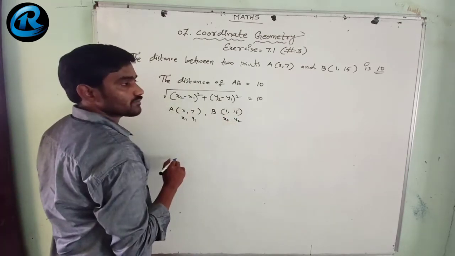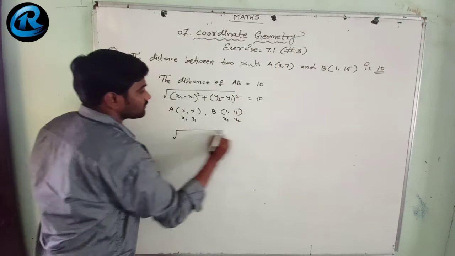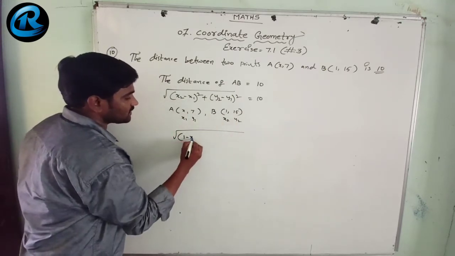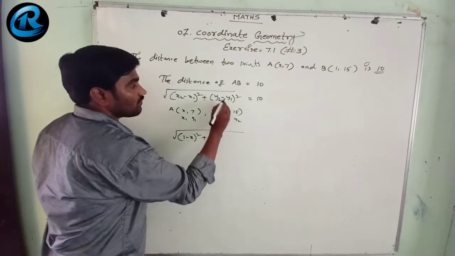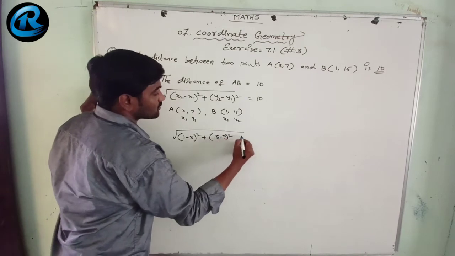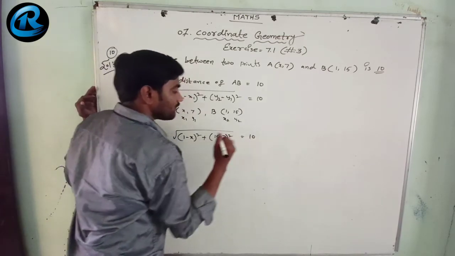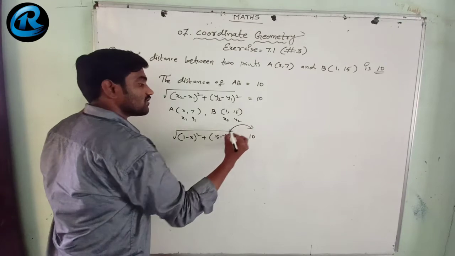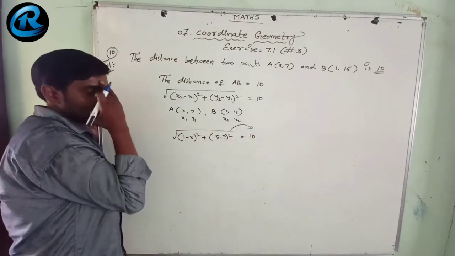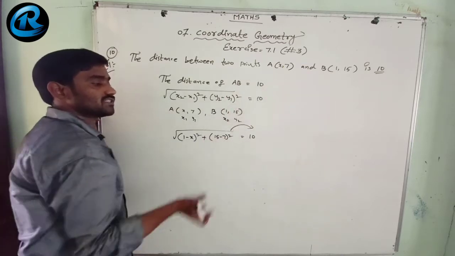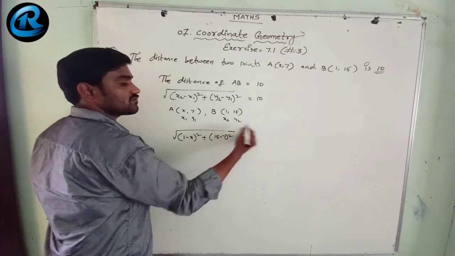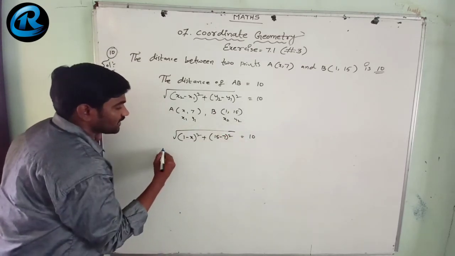Under root of x2 minus x1, that is 1 minus x whole square, plus y2 minus y1, that is 15 minus 7 whole square, equals what? You got 10. If you transfer the square root, it becomes a square, that is, squaring on both the sides.